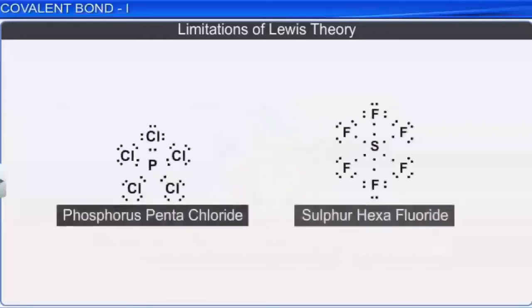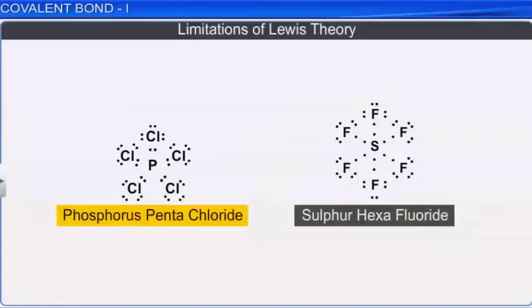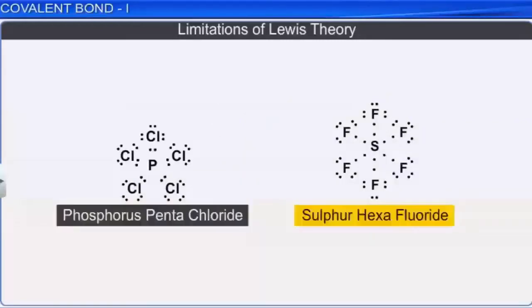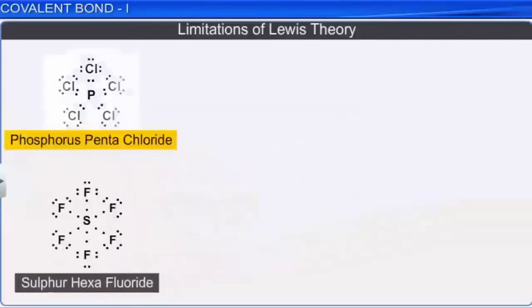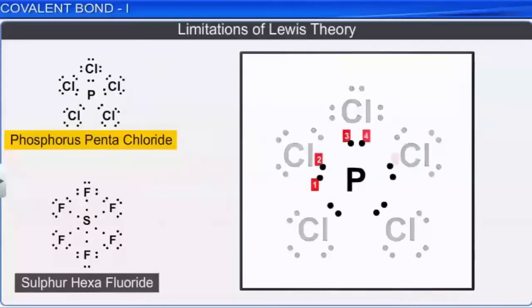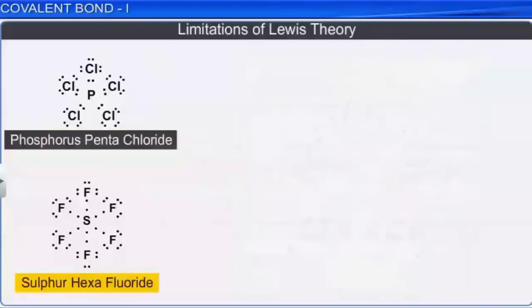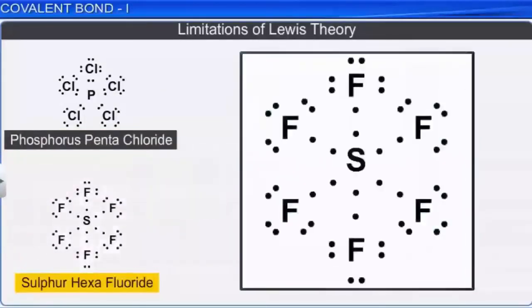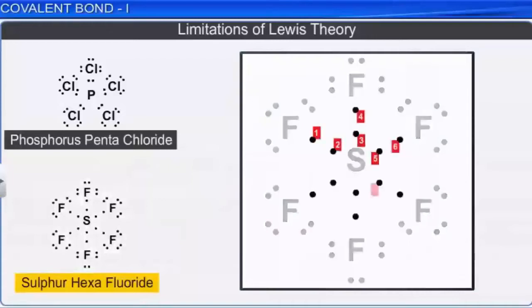Hence, the octet rule is not applicable for the molecules such as phosphorus pentachloride and sulfur hexafluoride, etc. In phosphorus pentachloride, phosphorus, the central atom, has 10 electrons in its valence shell. In sulfur hexafluoride, sulfur is the central atom and it has 12 electrons in its valence shell.